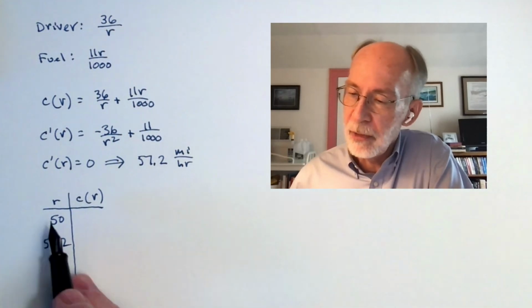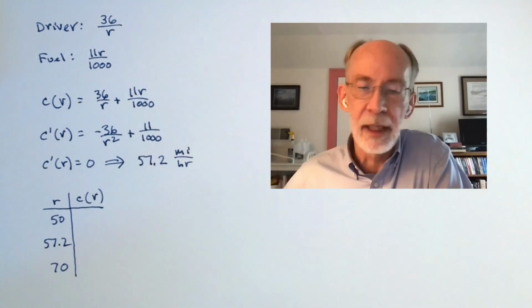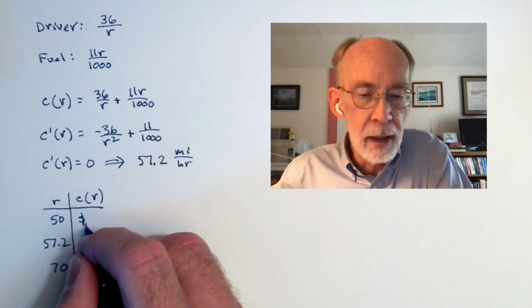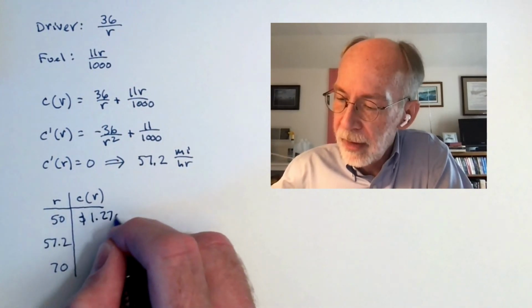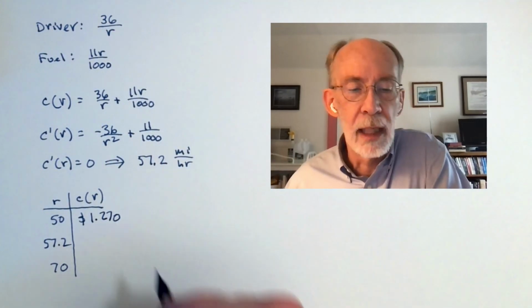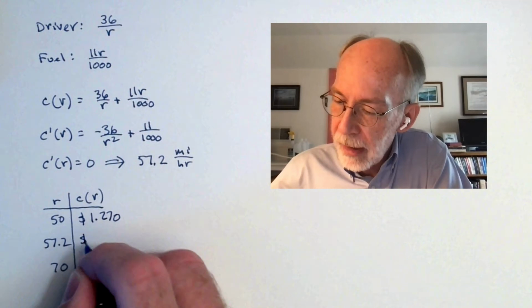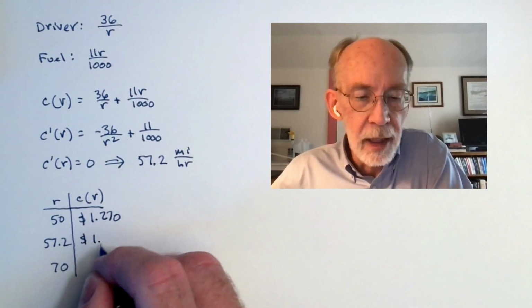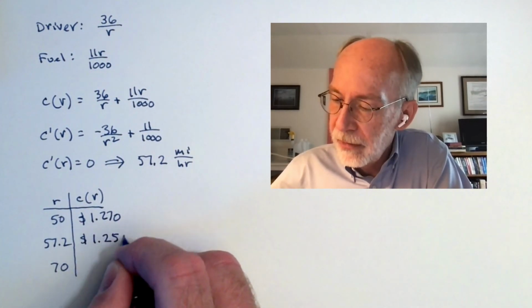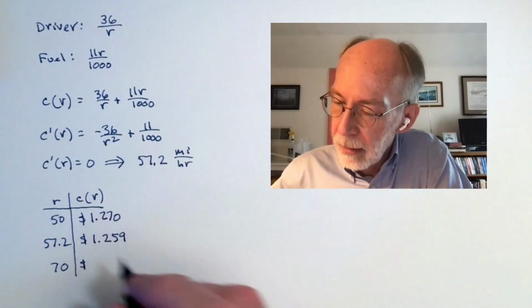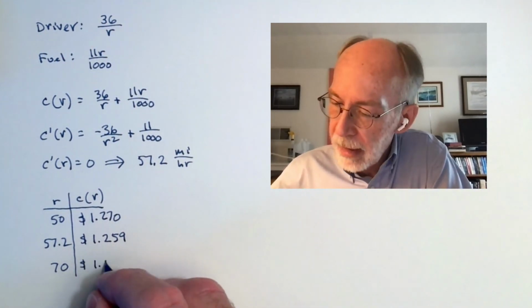I'll just tell you what these numbers are. We plug these R's into this cost function. We get that at 50 miles an hour, it's about $1.27 per mile. At 57.2 miles an hour, it's about $1.26259. And at 70 miles an hour, it's about $1.28.